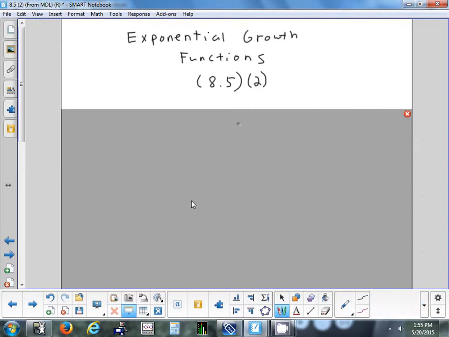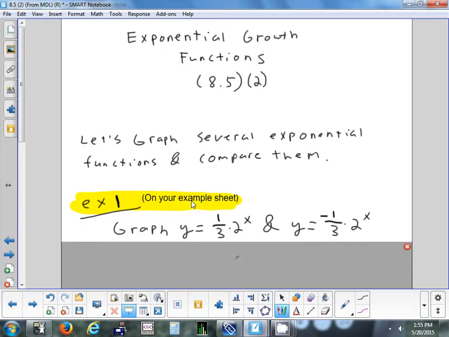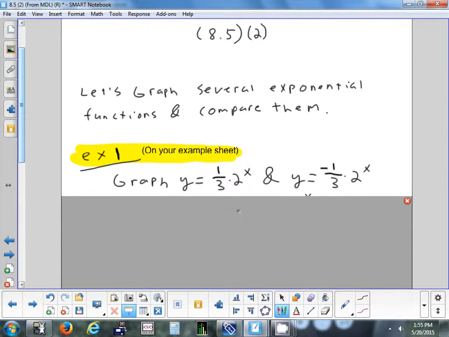All right, so yesterday we started exponential functions. We saw that when you sketch those graphs, they curve up very, very quickly. When we sketched the graphs, we had a number in front, like 5, 3.